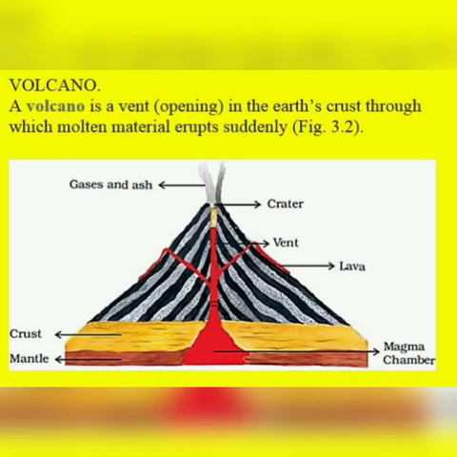You can have a look at figure 3.2 of your textbook. Right below, you can see the magma chamber. It is in liquid form. Then right above that you have the earth's crust. Then a pipe-like thing coming out.